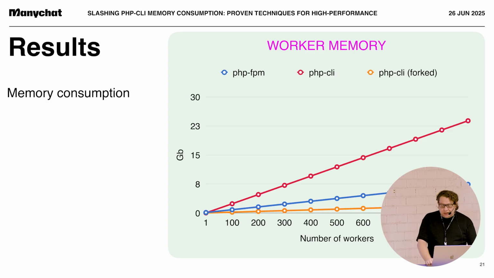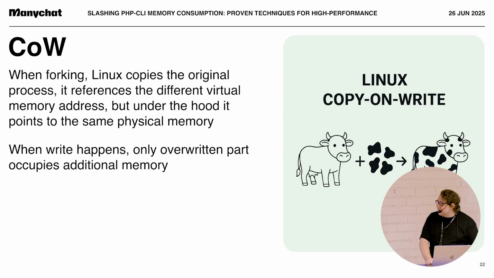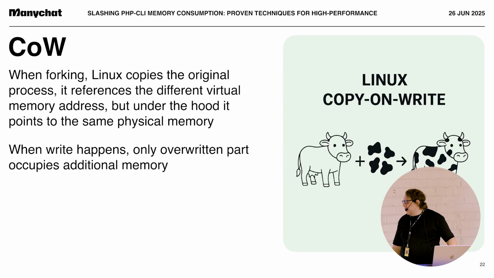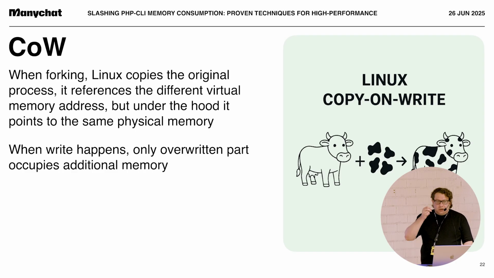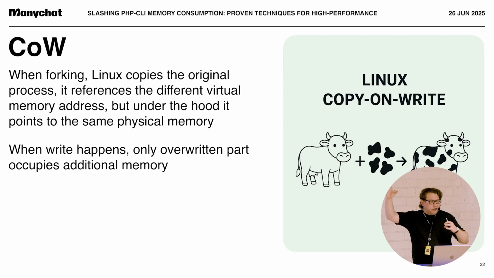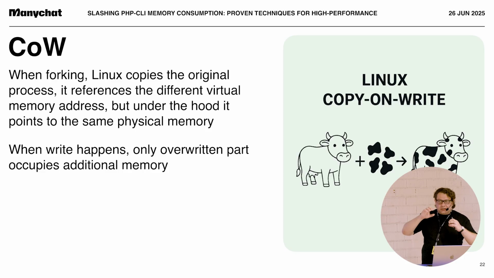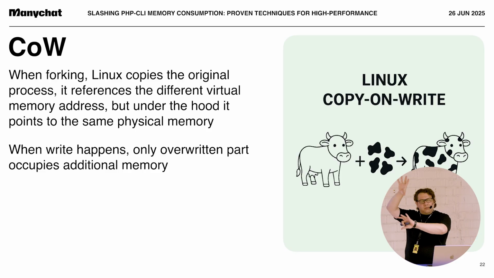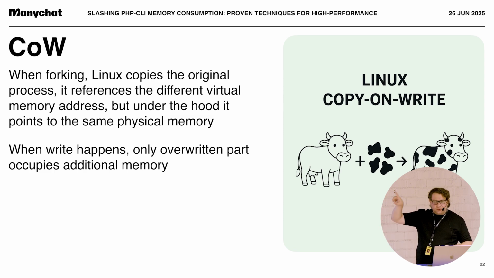But there is one less obvious thing that saved us more than FPM. It's COW, copy on write in Linux. When Linux forks the process, it does not copy the memory of this process. It allocates the virtual memory addresses, but those virtual memory addresses are mapped by the Linux kernel to the same physical address, unless you write to this address.